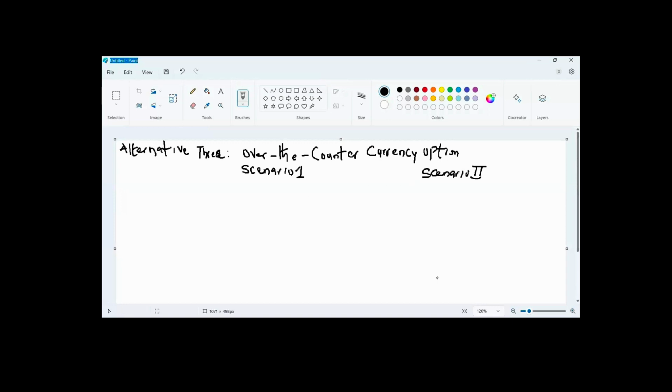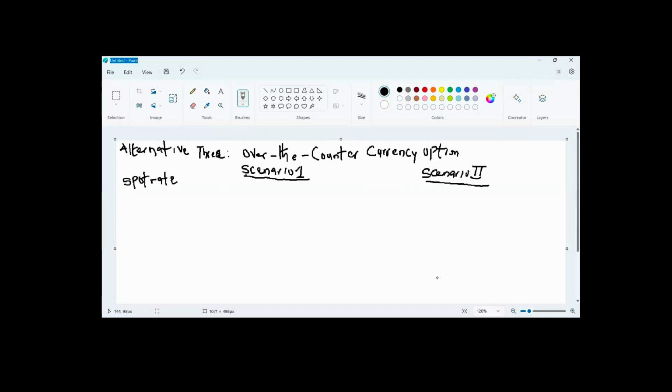This is an option, not an obligation. Under scenario 1, spot rates in 3 months' time: for this scenario, you compare the spot rate in 3 months' time with the exercise rate.